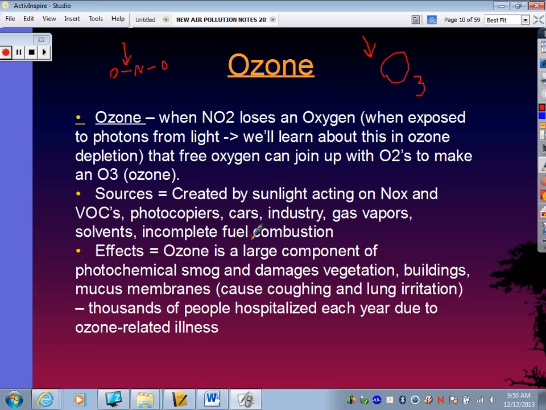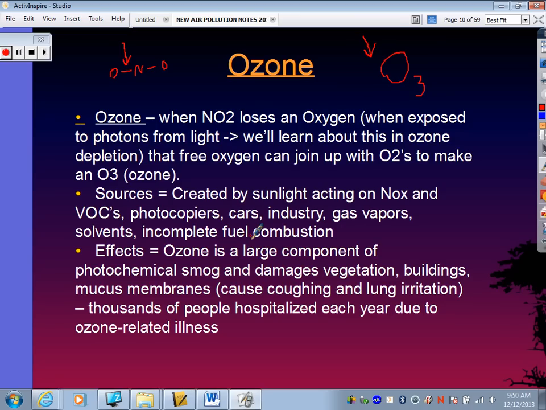Incomplete fuel combustion. Now, incomplete fuel combustion happens all around us. They say pretty much every type of burning of fuel reaction is going to be an incomplete reaction. All it means to be an incomplete reaction is that when you do this reaction, there's not enough oxygen to complete the reaction fully, and whatever chemicals weren't consumed during the process are going to be given off as products.